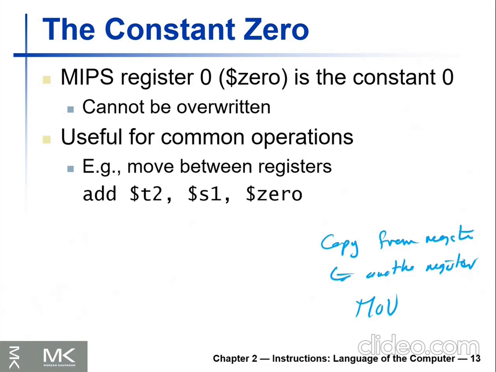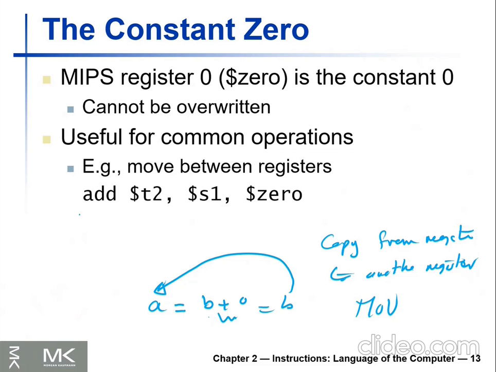But how about if you write a equal to b plus 0? What's going to happen here? Since b plus 0 is b, that's basically copying b into a, right? So you don't have to build another circuit that does the move. The addition circuit can be used for this.